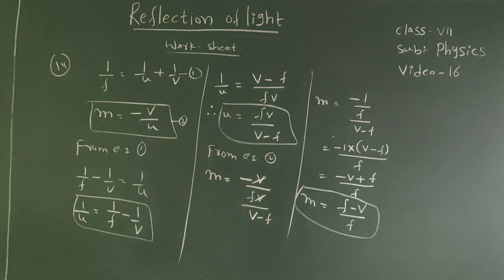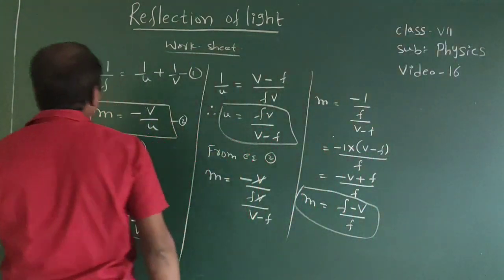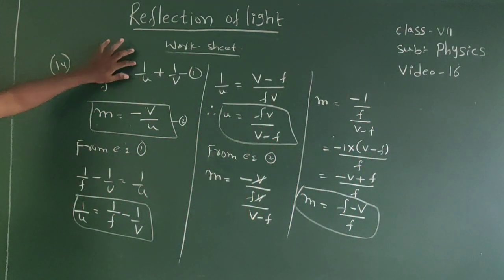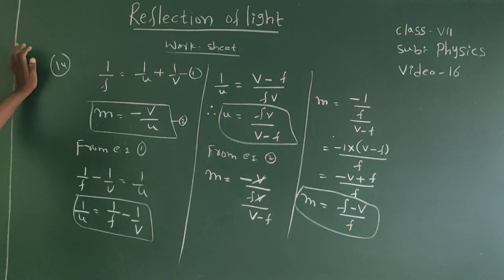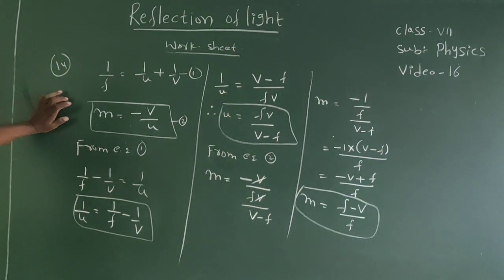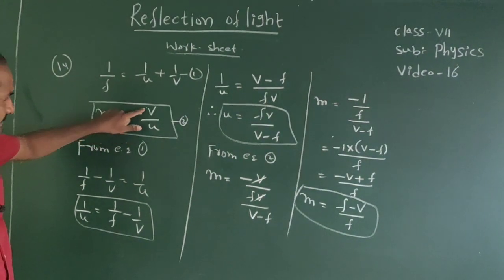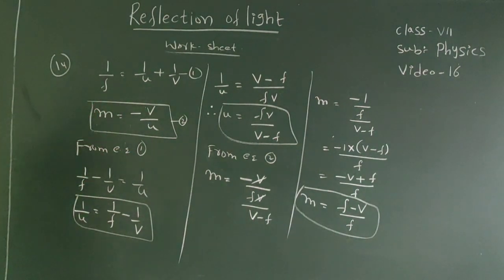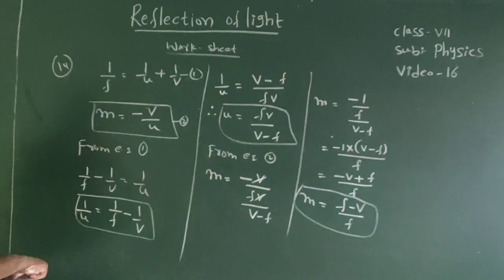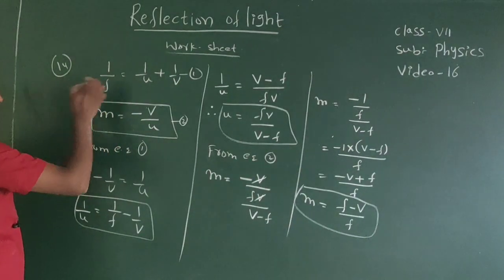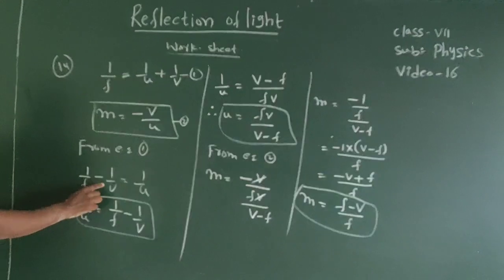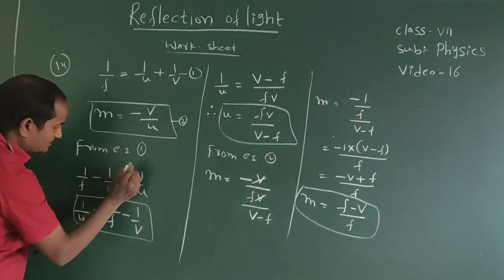Okay, now, explain once again. What is the relation between f, u, v? 1 by f equal to 1 by u plus 1 by v. It is the relation between focal length, object distance and image distance. We know the magnification formula, m equal to minus v by u. From equation number 1 we can find the u value. So 1 by v coming to this side with minus: 1 by f minus 1 by v equal to 1 by u.